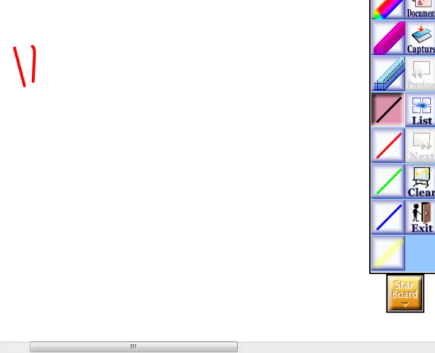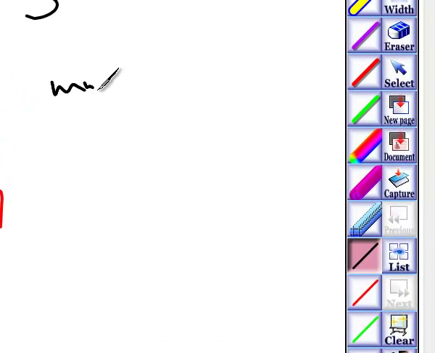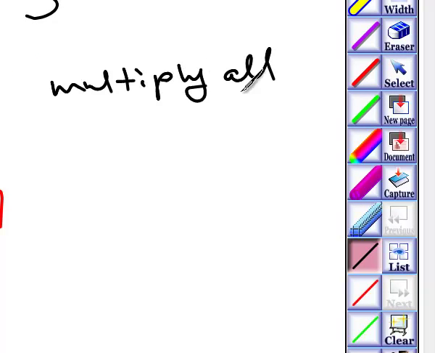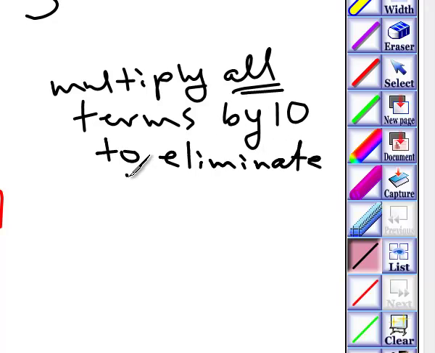Make the 5 a 2 or the 5 a 10? Yeah, you'd multiply everything times 10. You would multiply all terms by 10 to eliminate the denominators.